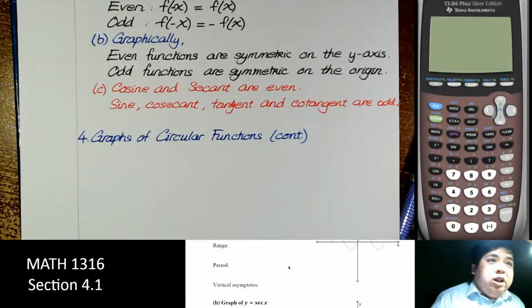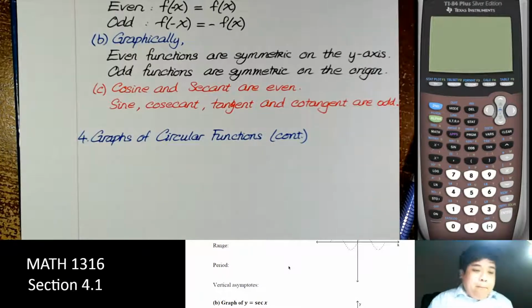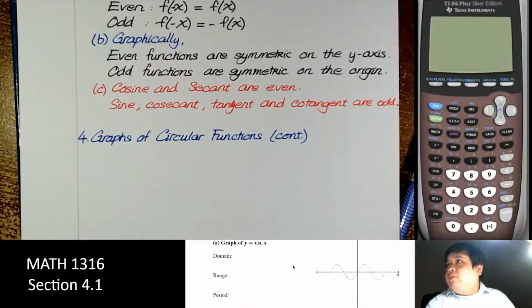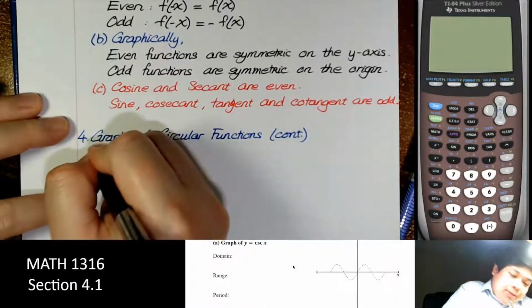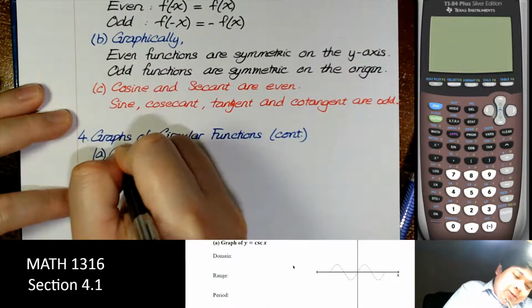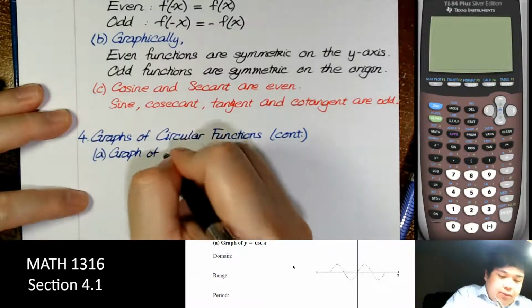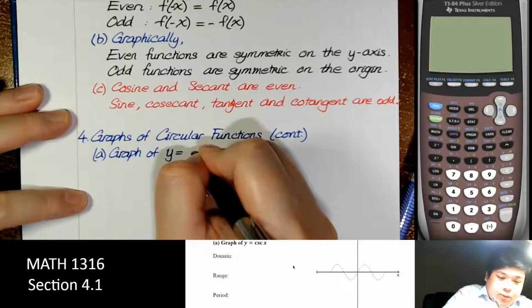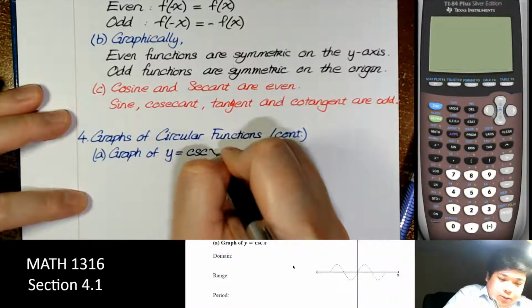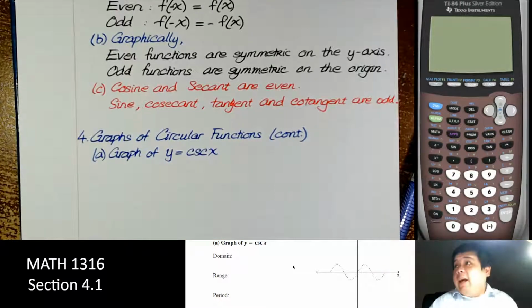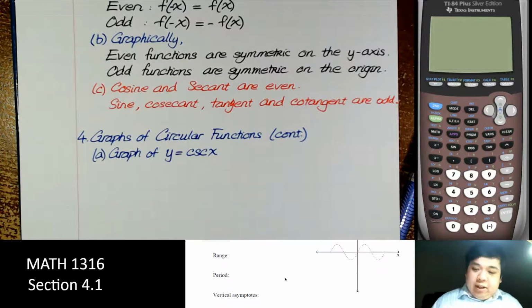Right, we continue. Graph of cosecant. Now this will be a little more complicated.